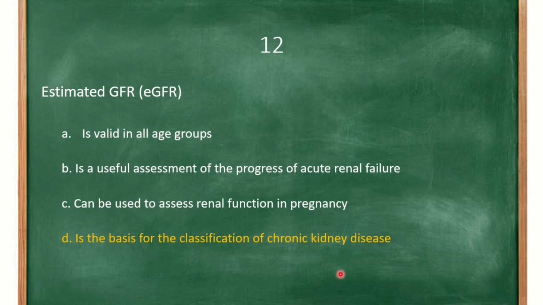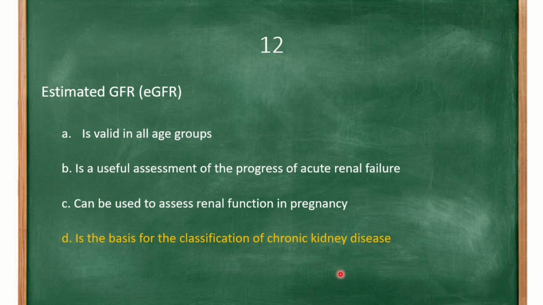Usually it says A is valid in all ages. That would be wrong. Usually for young children and then in the elderly, GFR may not accurately reflect renal function due to variation in muscle mass and other factors. So the value for very young children would not be very accurate.